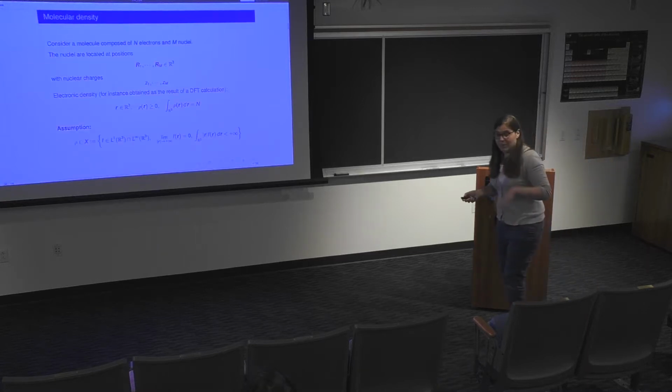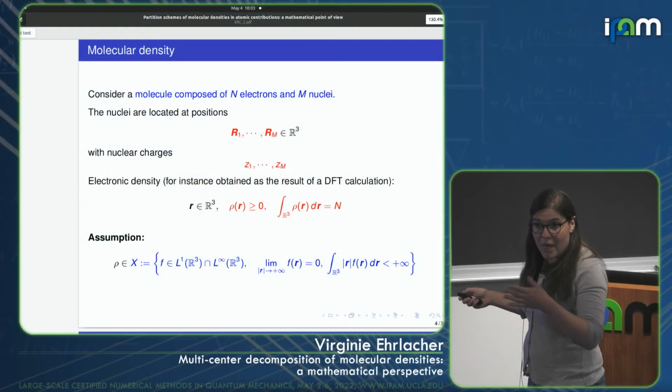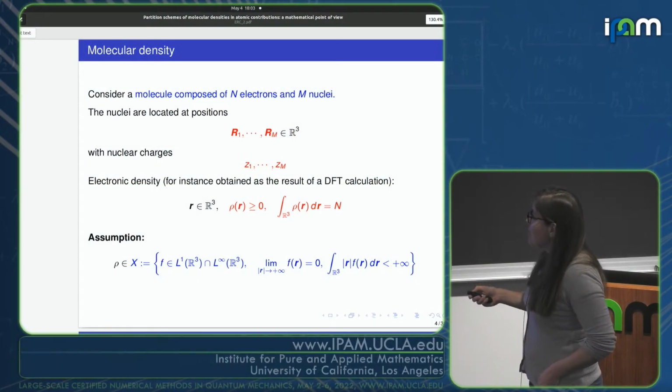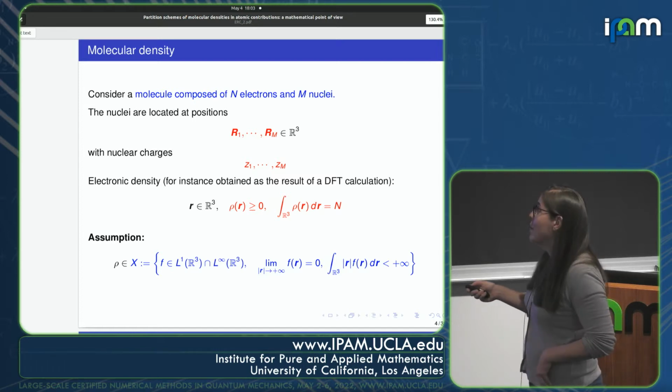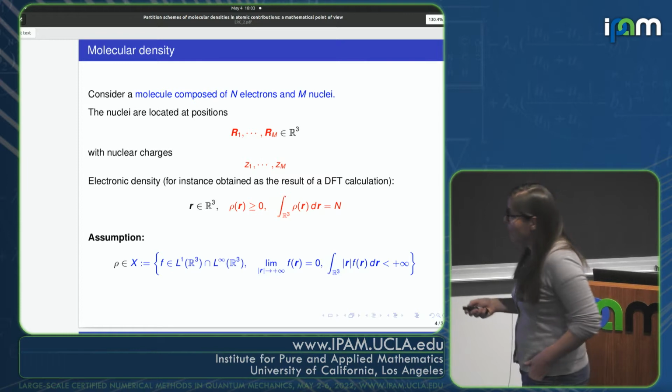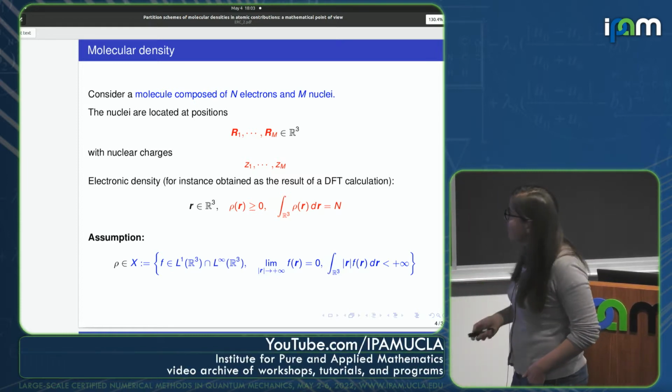And what do I mean by these partitions? Here I'm going to consider a molecule composed of n electrons and M nuclei. The nuclei will be located at some positions denoted by R1 up to RM, which are three-dimensional vectors, and their nuclear charges will be denoted by Z1 up to ZM.